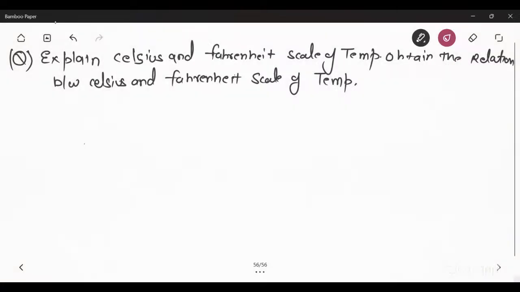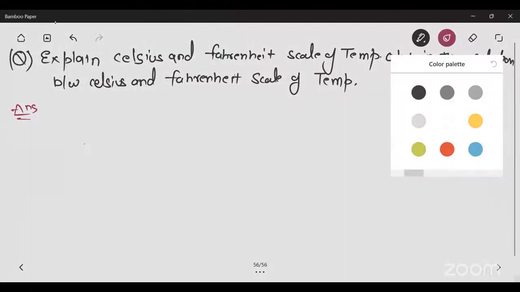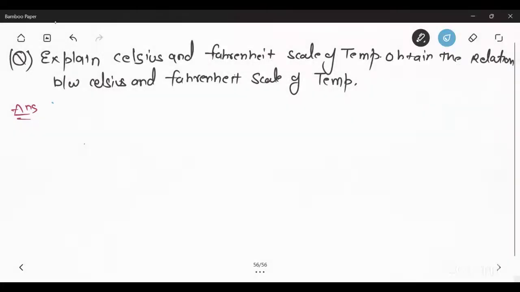Firstly, we describe the Celsius scale. Celsius or centigrade, both are names of the centigrade scale of temperature.